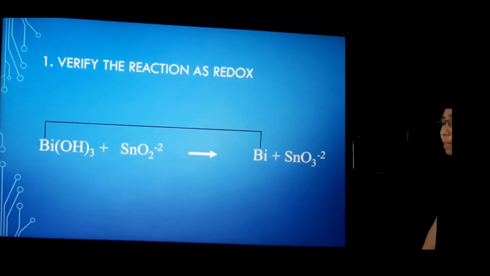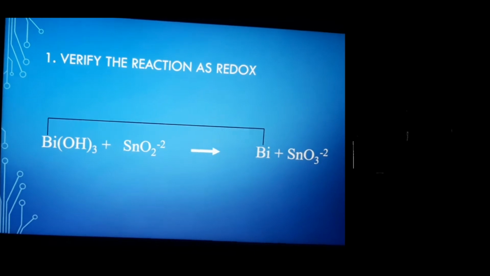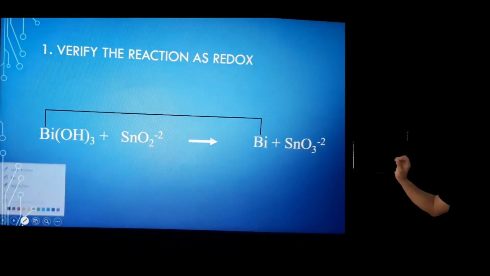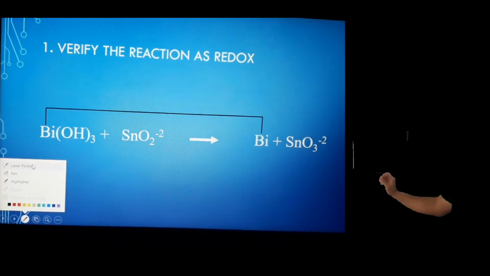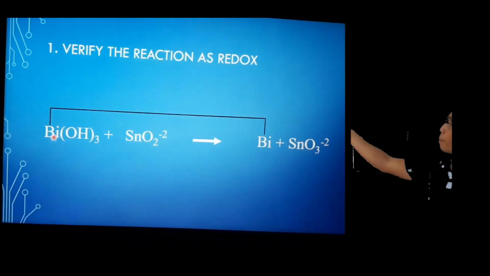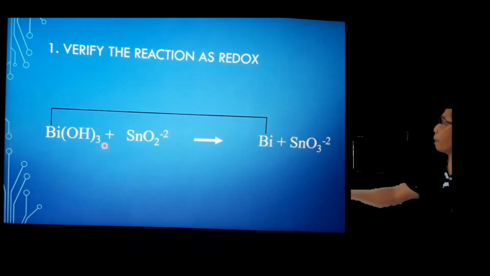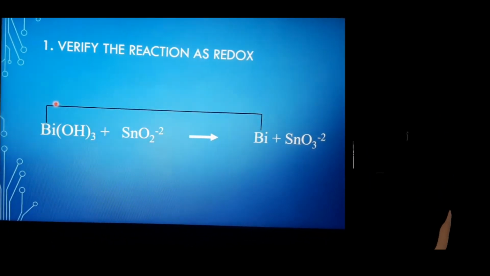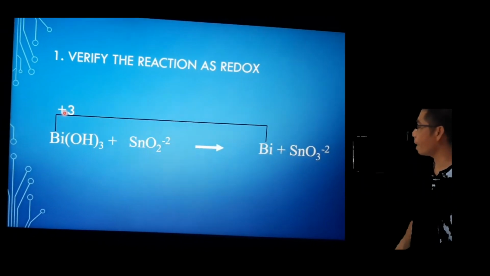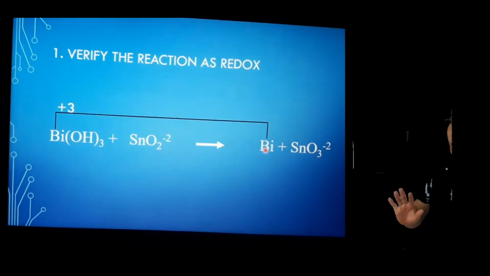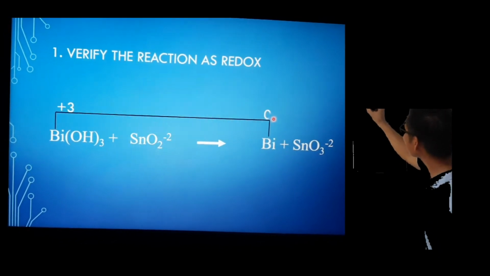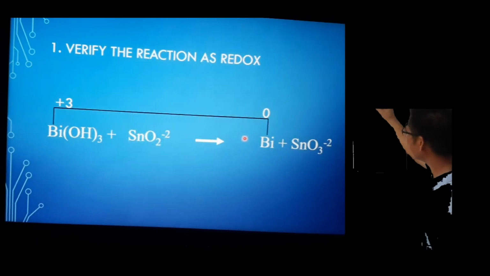For the bismuth in bismuth hydroxide, we have positive 3. For this one it is a free metal, so that is 0, the ground state, so the charge is 0.